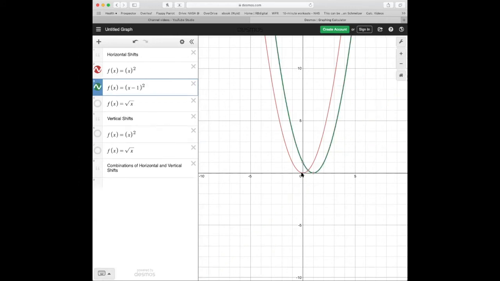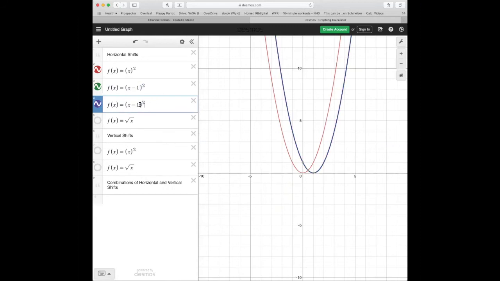And notice that that takes our red function and shifts it to the right 1. If instead we graph f of x equals x plus 1 squared, it takes our function and shifts it 1 to the left. Okay, so horizontal shifts. We're adding or subtracting inside with our function, and that shifts our graph horizontally.